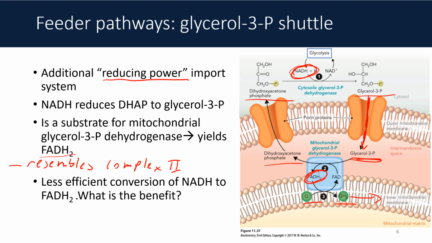This shuttle system is therefore less efficient than the malate aspartate system because we know that NADH has a higher P/O ratio than FADH2.